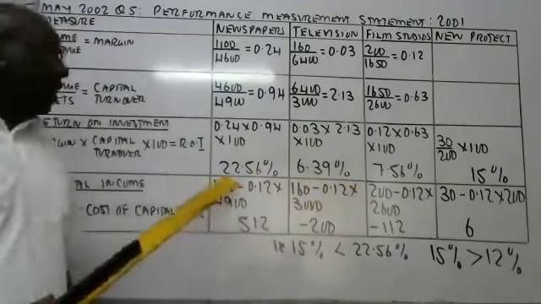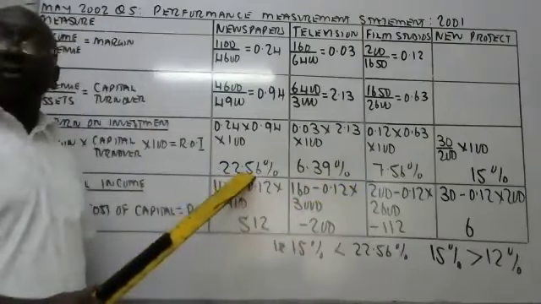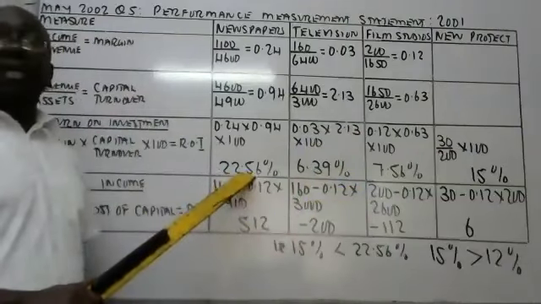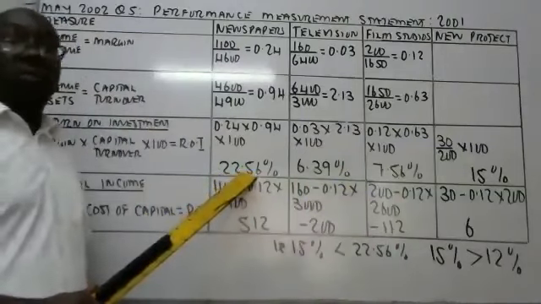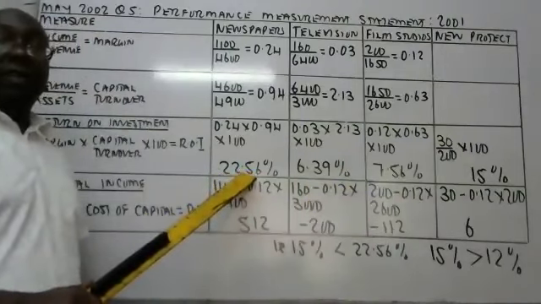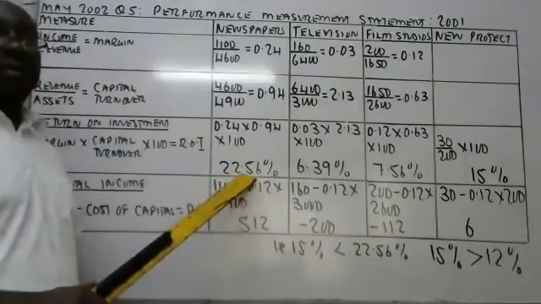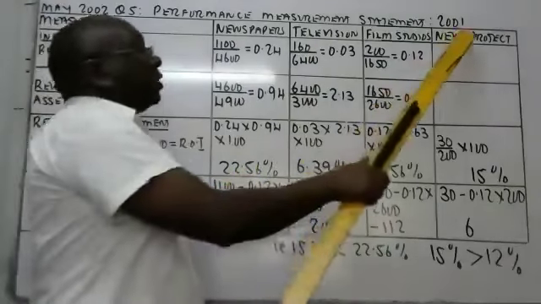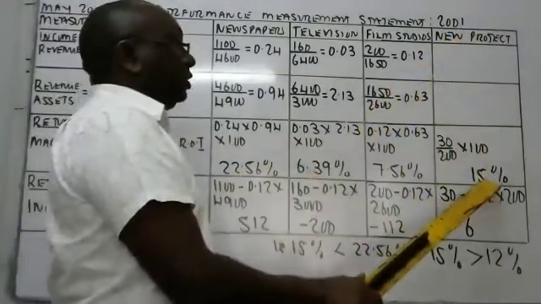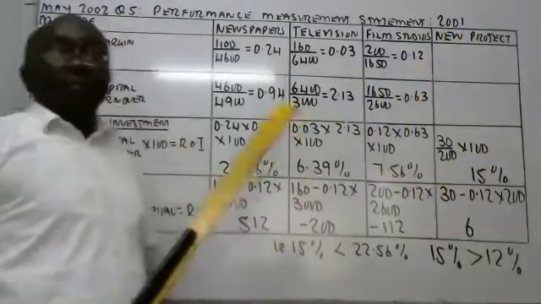So in the newspapers, we already have what? 22. So any new project that comes should be something giving us more than this. But if it gives us anything less than this, it should be rejected. That's why we are saying this new project should be rejected, because you see it's giving us 15.